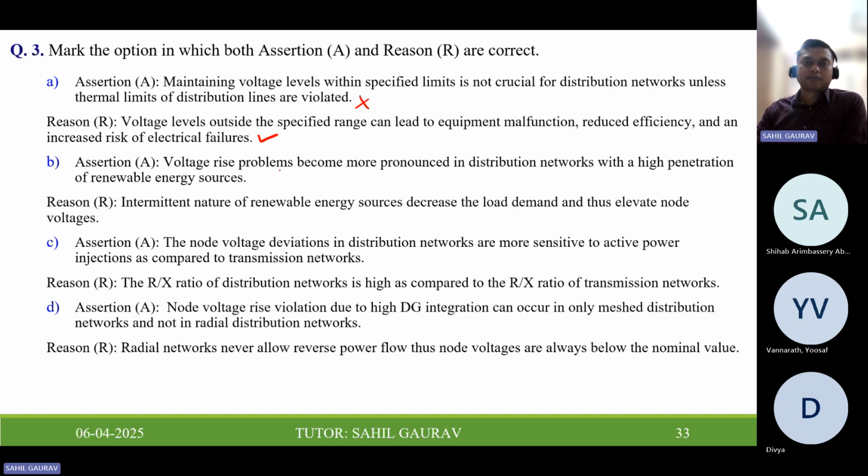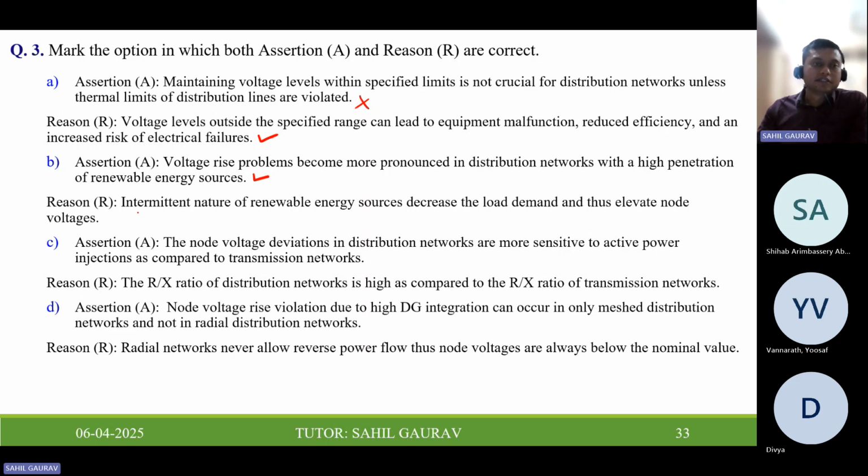Voltage rise problems become more pronounced in distribution networks with a high penetration of renewable energy sources. Yes, it is correct.